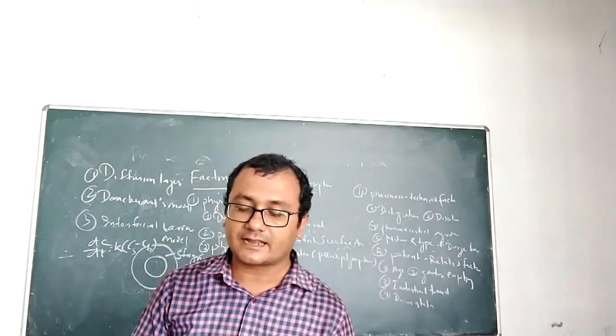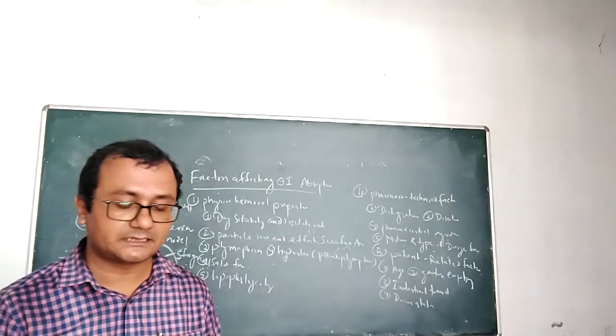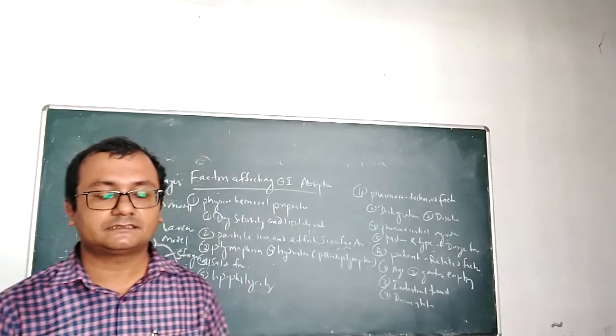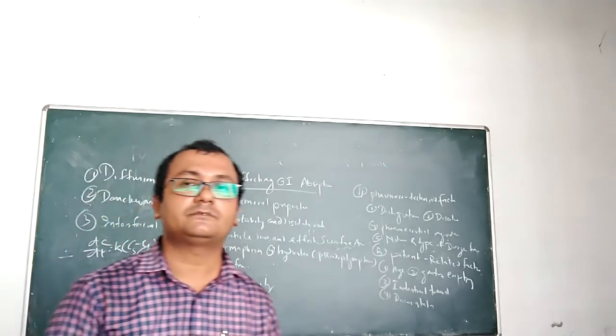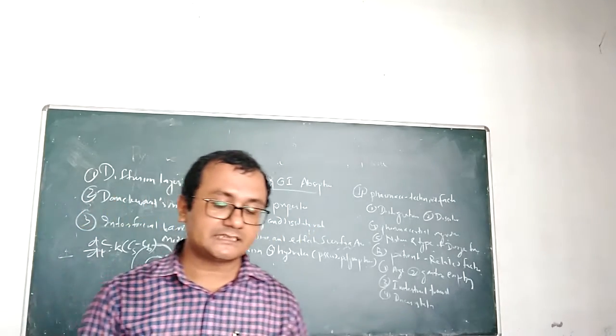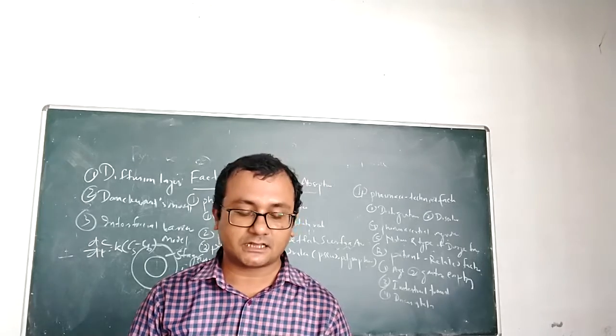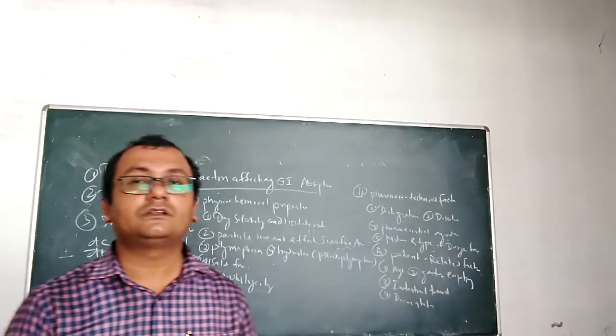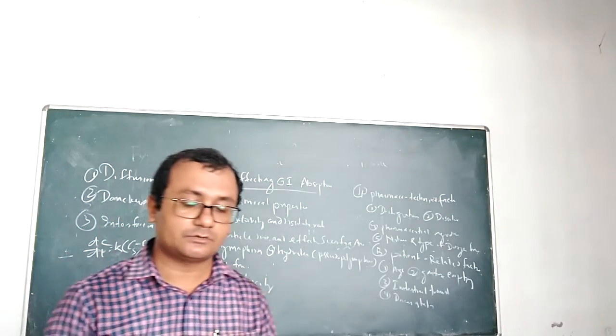Then comes emulsion, then suspension, then capsules, tablets, coated tablets, enteric coated tablets, and finally sustained release tablets, which have the least dissolution. This shows how dissolution is affected in the different dosage forms.